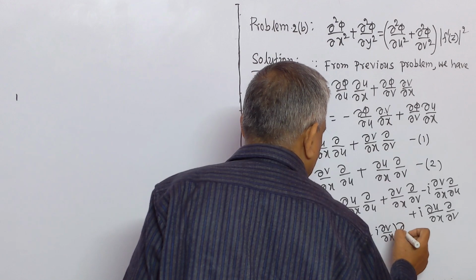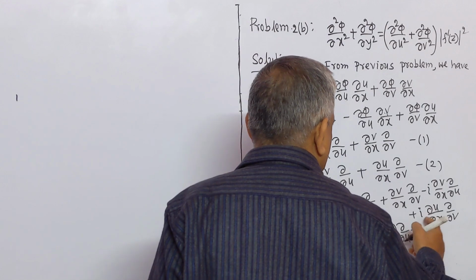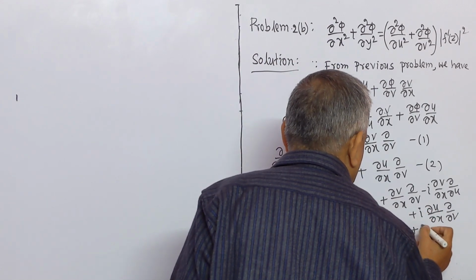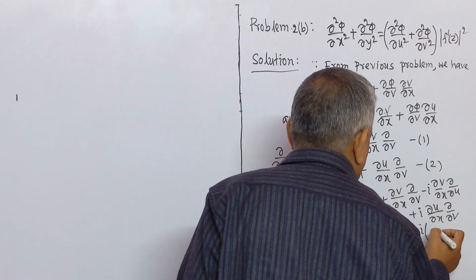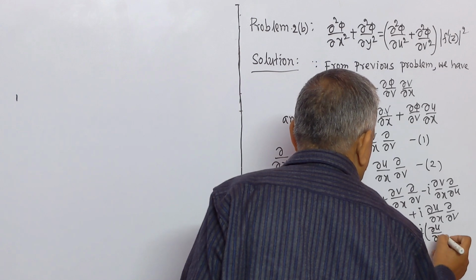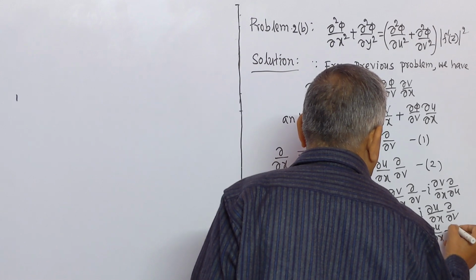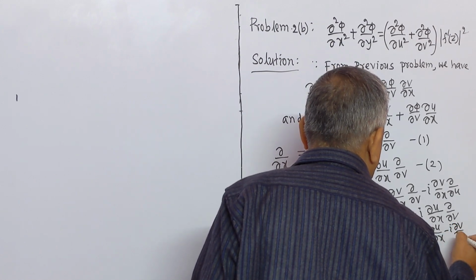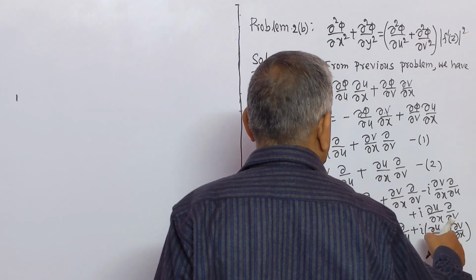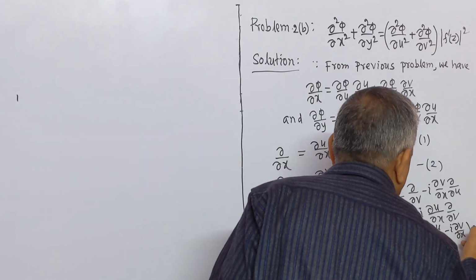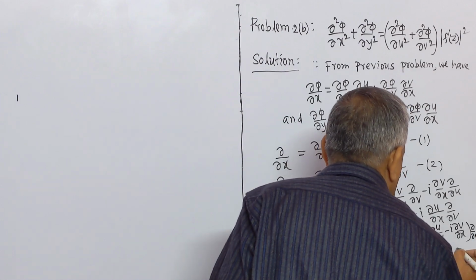Plus we take common i del by del v: here del u by del x, and here minus i del v by del x, i multiply by i square is minus 1, minus minus plus, here plus, multiply del by del v. This is number 3.